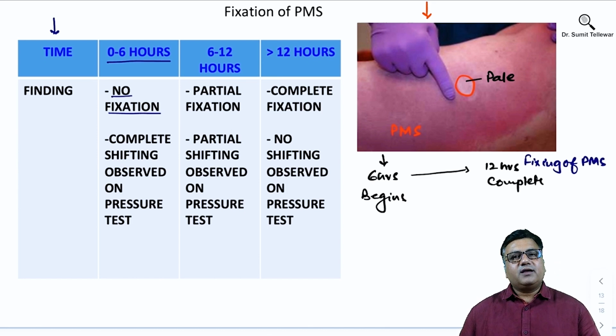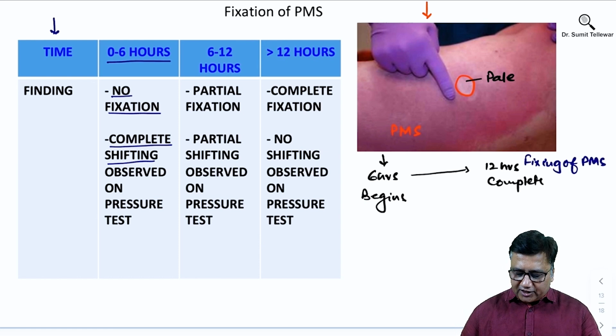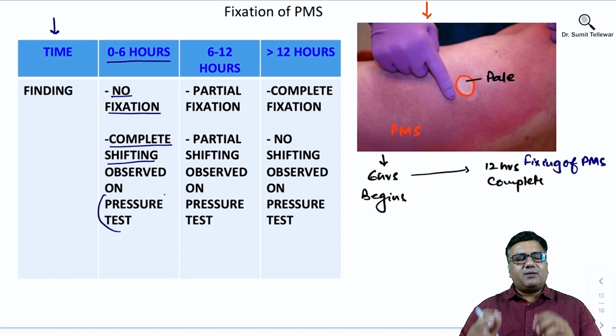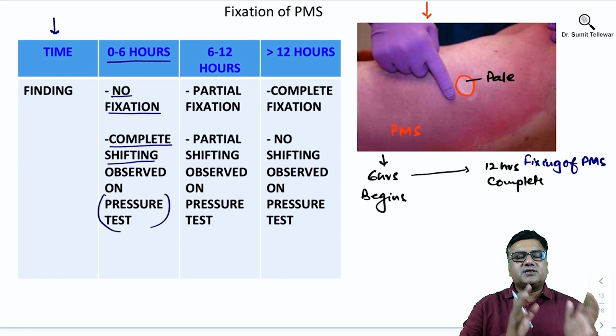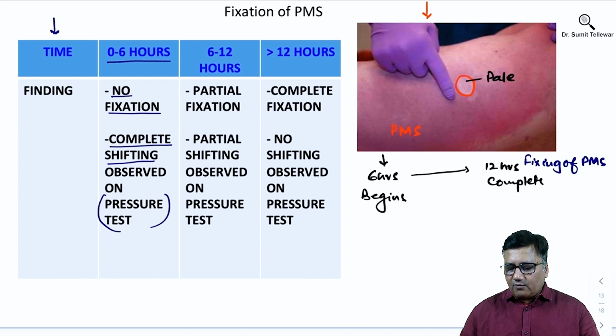As a result, if somebody presses the area, what will be observed is complete shifting of the post-mortem staining from the area upon giving pressure. Now this is called the pressure test. So if you do a pressure test and the area becomes pale completely, it means it is within the first 6 hours after death.